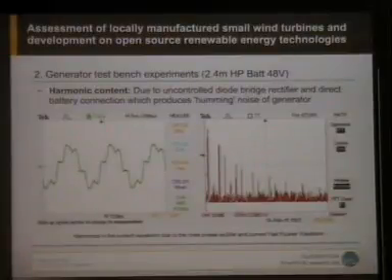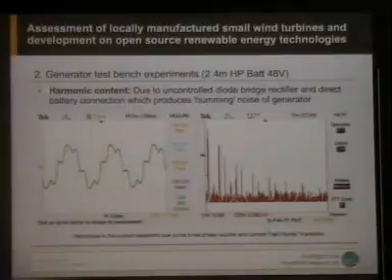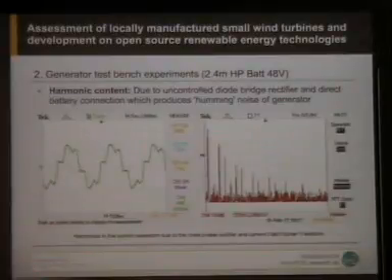A lot of people don't like this noise, especially if you have to put a turbine towards the prevailing wind direction, and then you get all the wind blowing the turbine first and then to the house or to the settlement. You can hear the turbine. So one thing we're trying to work on now is to introduce some other electronics with the rectifier, to see if we can avoid this kind of noise.